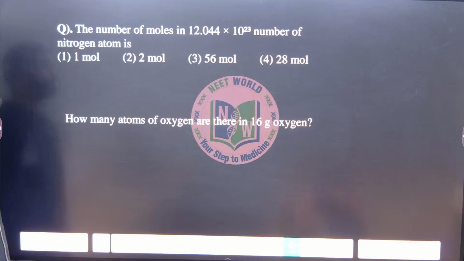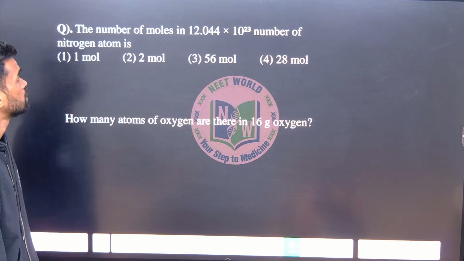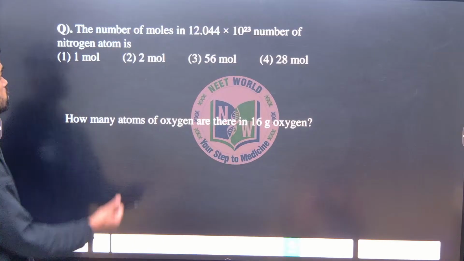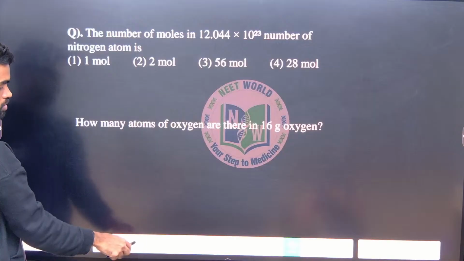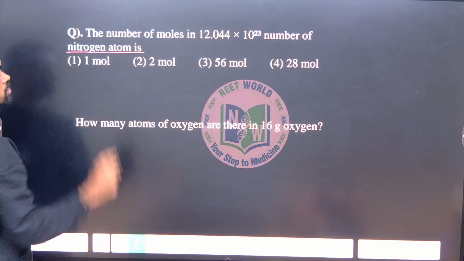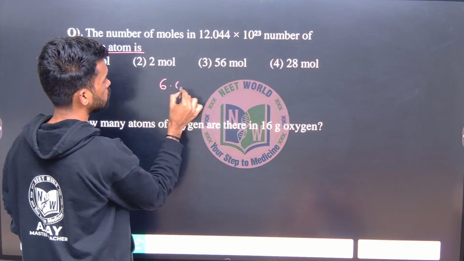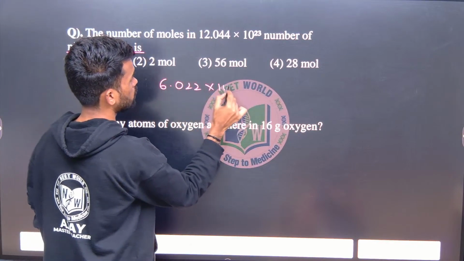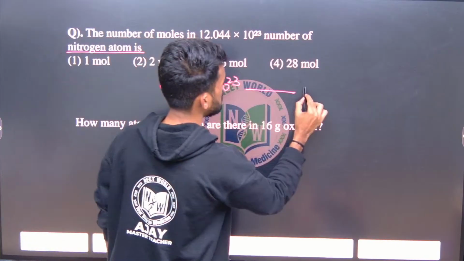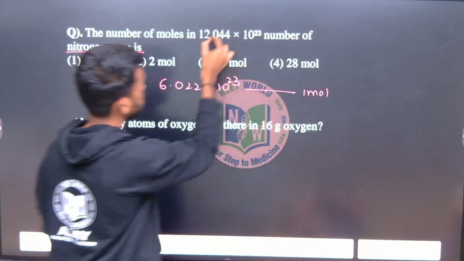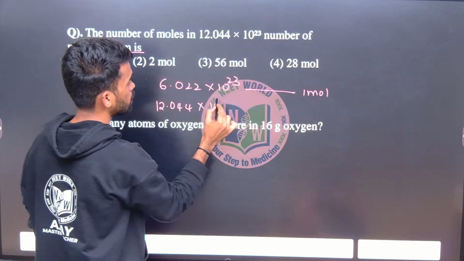Next, tell me for this: number of moles in 12.044 into 10 power 23 nitrogen atoms. How many moles? See, Avogadro number, 6.022 into 10 power 23, we know this is 1 mole. So given number is 12.044 into 10 power 23.